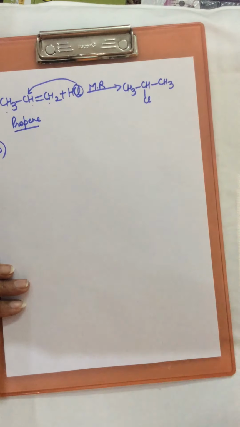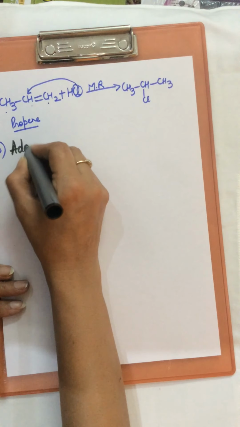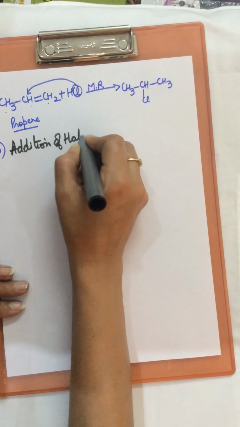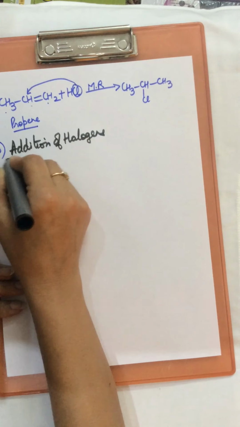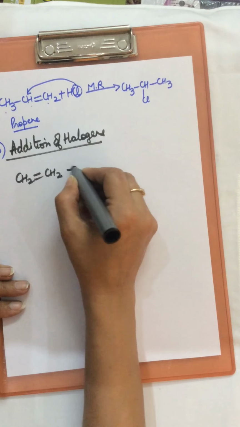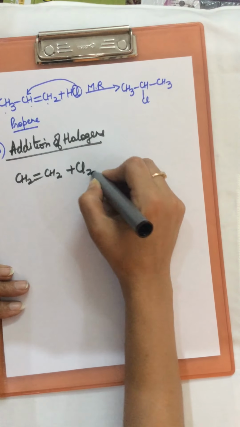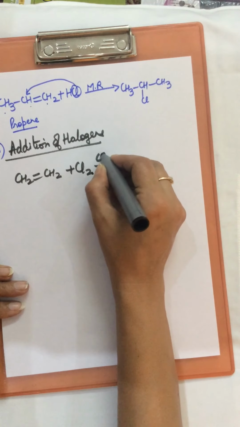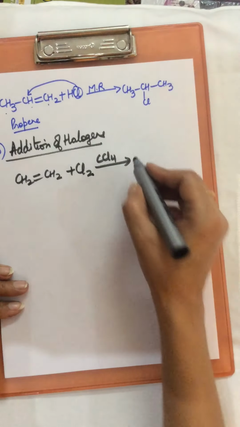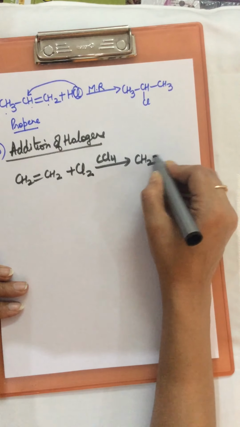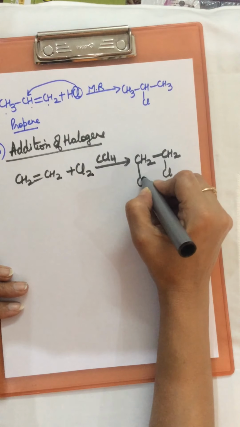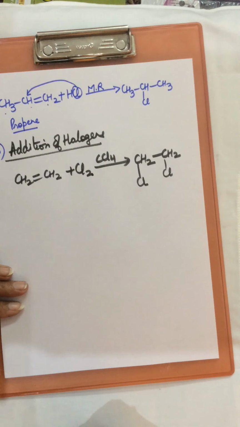Second is addition of halogens. If to an alkene we add a halogen like chlorine or bromine, in presence of some solvent like CCl4, this reaction takes place. On both sides of the double bond, one halogen atom will add and the double bond changes to single.